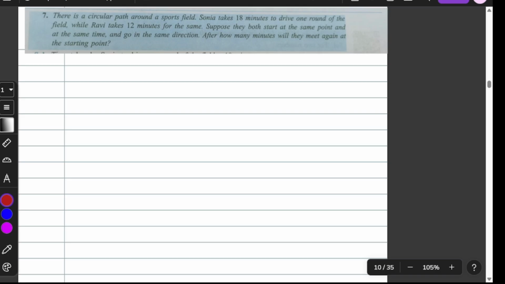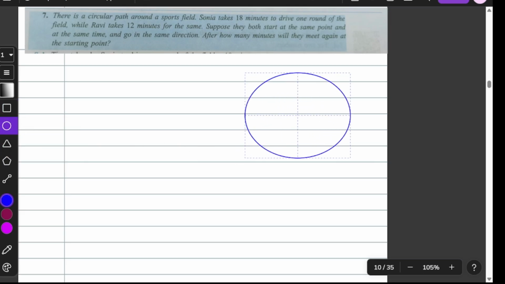Okay, so there's a circular path around a sports field. The shape of the path here is what? It is round, around the sports field.